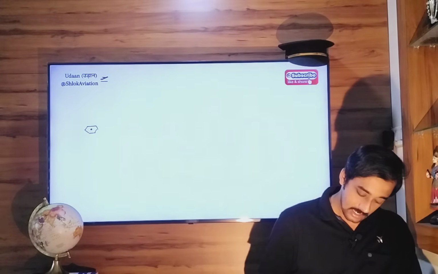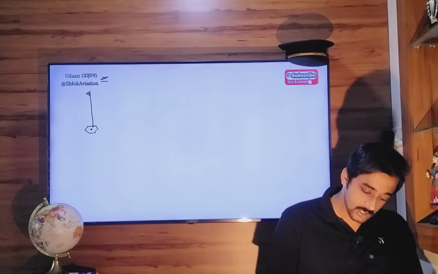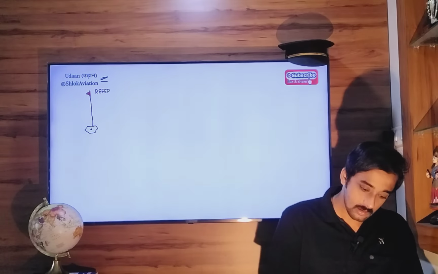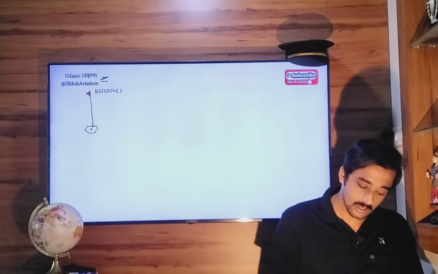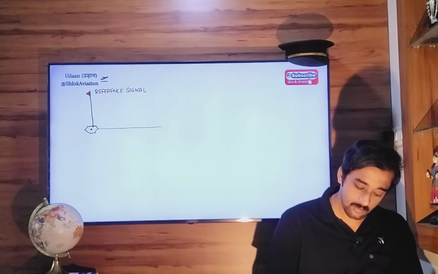Phase difference between the reference signal and the variable signal. Let's say this is your reference signal, and this is your variable signal.